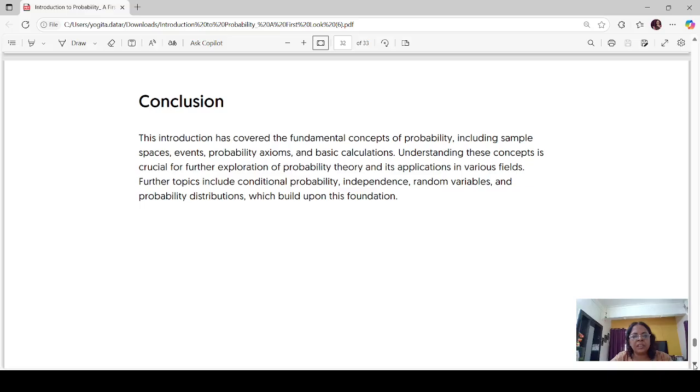So understanding these concepts is a very important part of probability theory. And in the further lectures, we will move forward to know the concept of independent events, and then conditional probabilities, Bayes theorem, and many more. So students, happy learning.